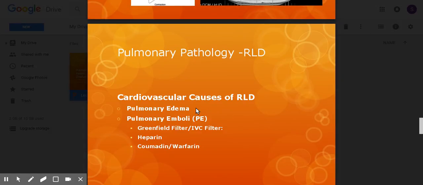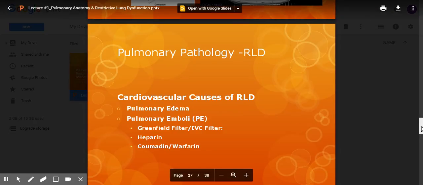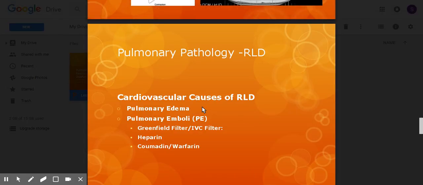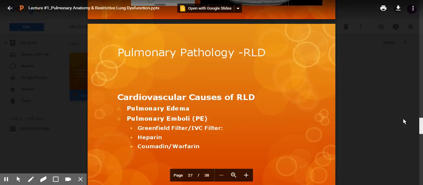The first being pulmonary edema, which we discussed related to congestive heart failure and discussed in how that can then result in pleural effusion. And so obviously congestive heart failure can result in pulmonary edema, and the mechanisms we discussed during the cardiac portion of the course.